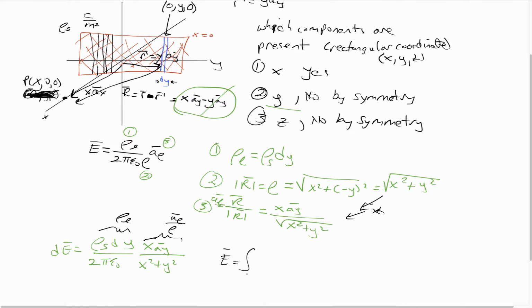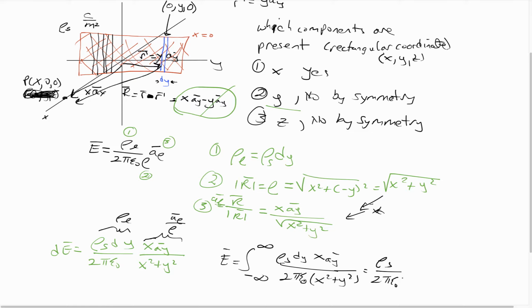So now if we want to figure out what E is, we're just going to have to integrate from negative infinity to infinity of rho S dy x a_x over 2 pi epsilon 0 times x squared plus y squared. And we could rewrite this: rho S is a constant, 2 pi epsilon 0 is a constant.